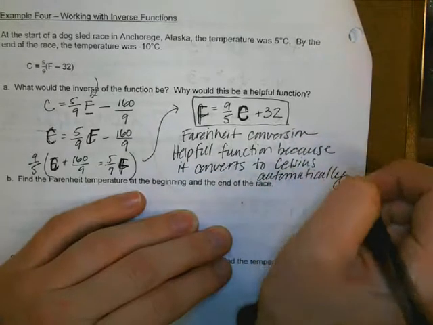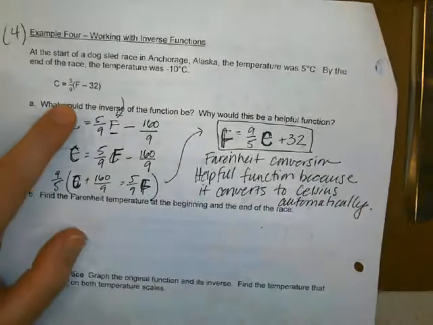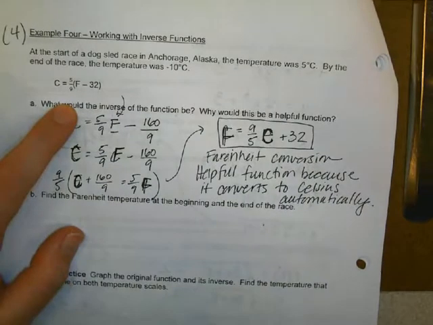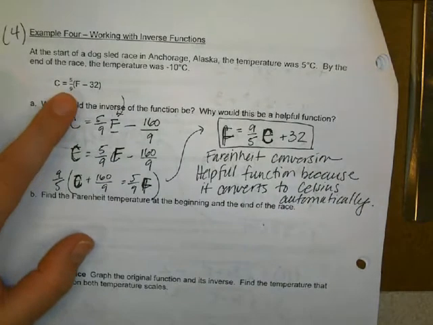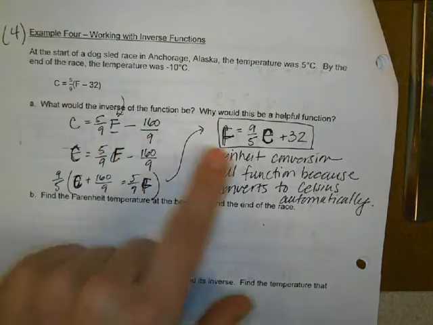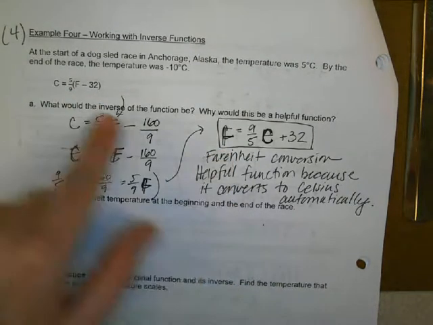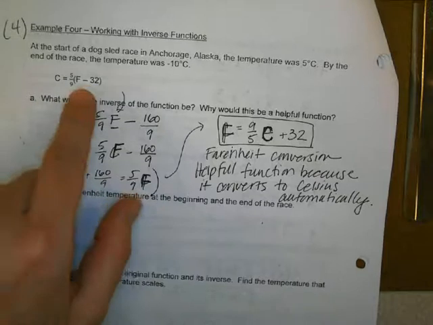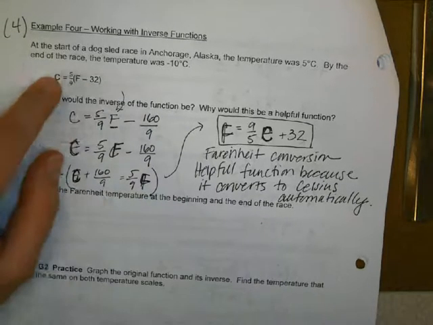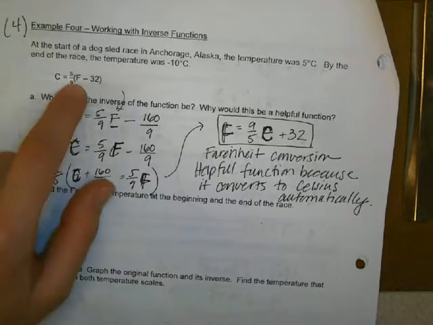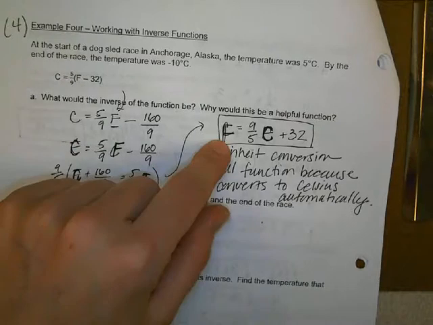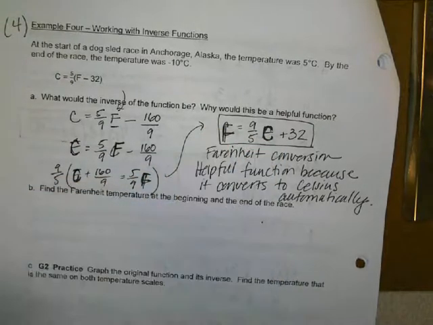For example, if we just had this function here, and we had to convert to Fahrenheit, and you had Celsius, you'd have to plug in Celsius, and then you'd have to start moving everything around to get Fahrenheit by itself. We've gotten Fahrenheit by itself, so that if we had a Celsius, you're just plugging it in and finding Fahrenheit.